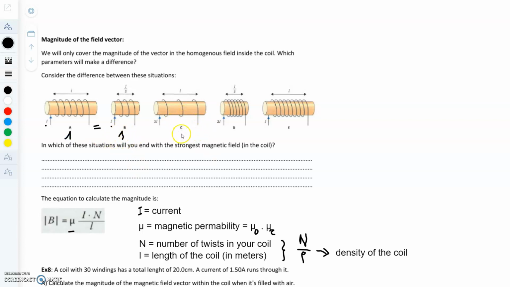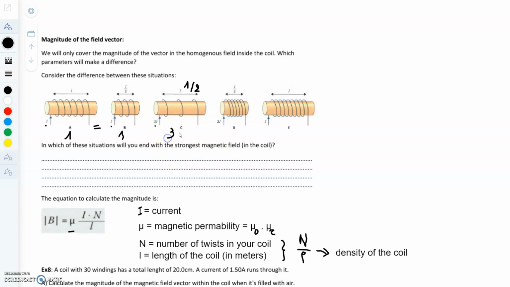When we look at situation C, it only has half the number of windings in your coil for 1 length unit, meaning it is technically only half of the density of situation A. However, you do have 3 times the current, increasing the magnetic field.